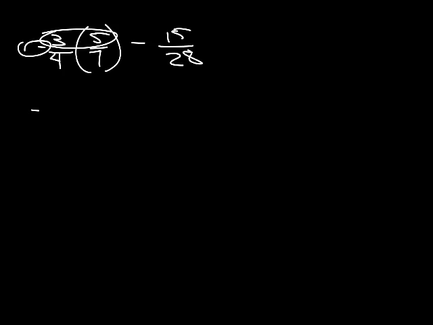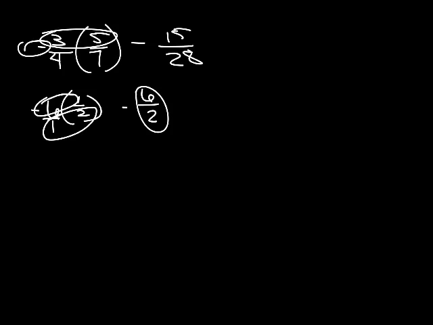When we take -6 times 1/2, that's the same as -6/1. Multiply the top numbers, multiply the bottom numbers, and lo and behold, -6/2 reduces. 2 goes into 6 3 times, and we get -3.